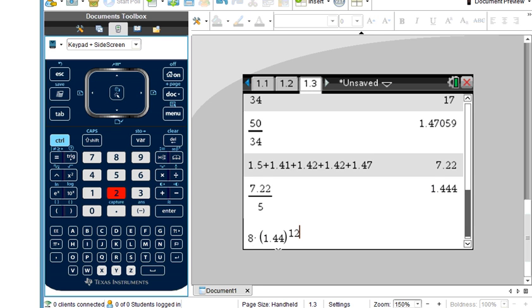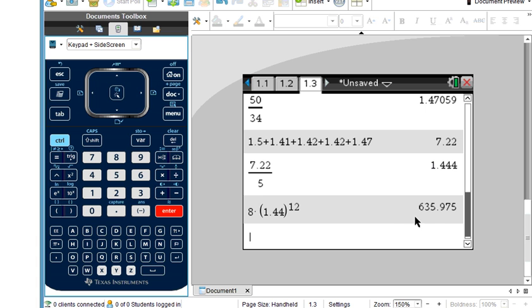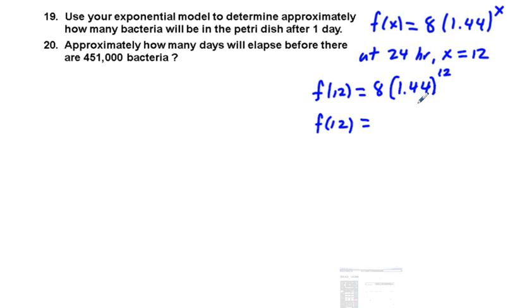Is that right? Yeah, initial value times base to the power of that. So we get 635.975. So we'll call it 636. Usually for values of discrete things like this, you round down, but we'll say about 636 bacteria.